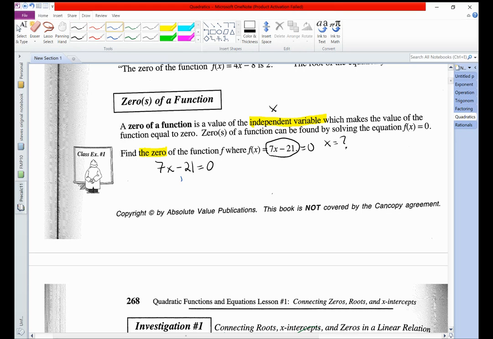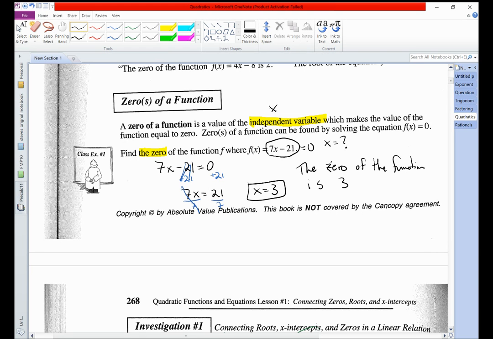Plus 21 to both sides. Minus 21 plus 21 cancels. You're left with 7x is equal to 21. Then divide 7 out of both sides. 7 over 7 cancels, and we're left with x is equal to 21 divided by 7, which is 3. So the zero of the function is 3.